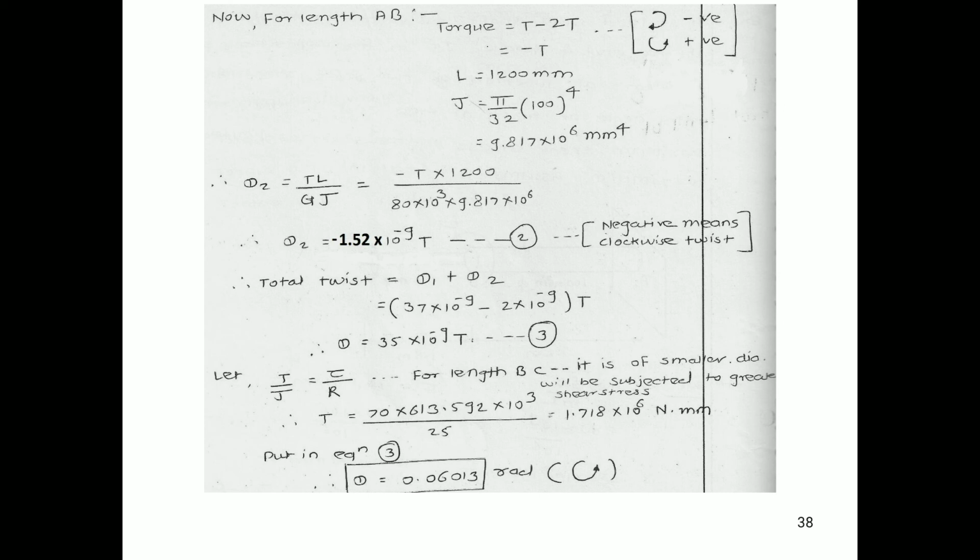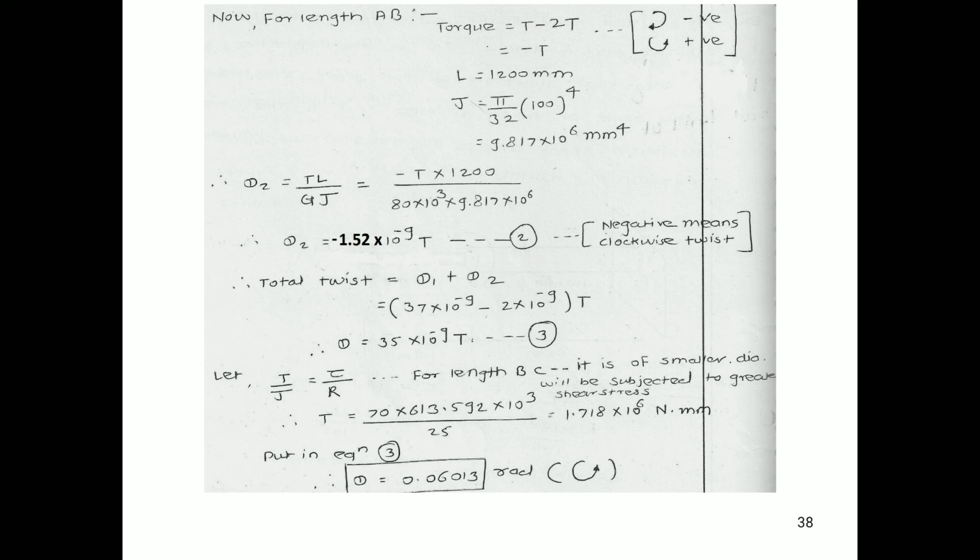As per the given data, we will concentrate on these two terms only, T upon J, which is equal to tau max upon R. Now for which bar do we have to consider this equation? We have to consider this equation for the smaller diameter of the shaft, because the shaft which has a smaller diameter will be subjected to the greater shear stress.